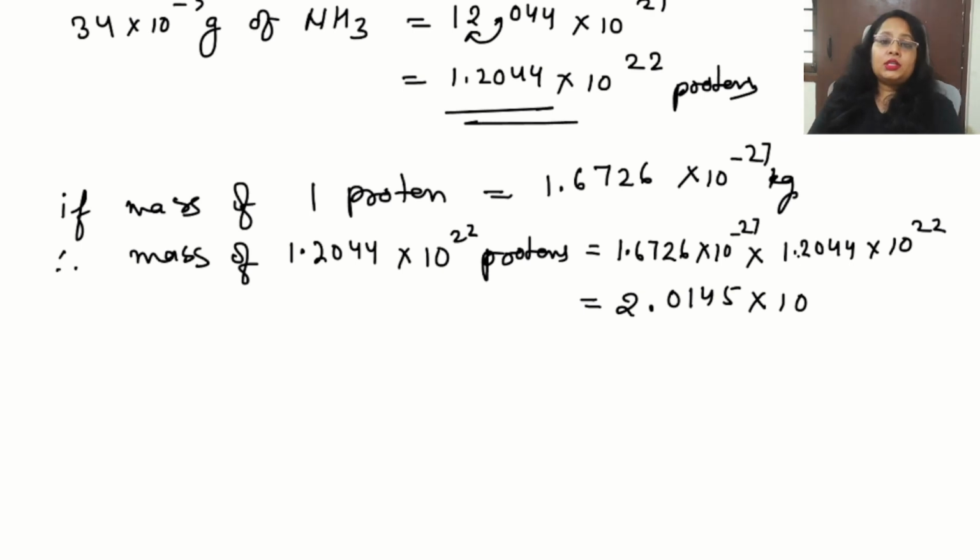So minus 27 plus 22, we will get the answer minus 5, and the unit is kg. So this is the B part of our third part of the question. The mass of the proton will be 2.0145 into 10 to the power minus 5 kilogram.